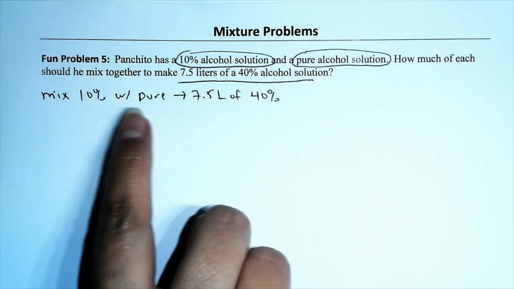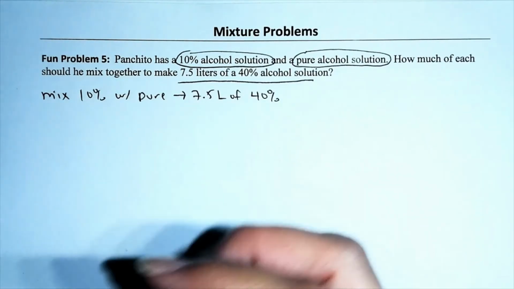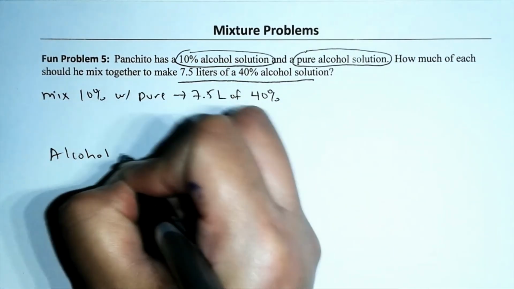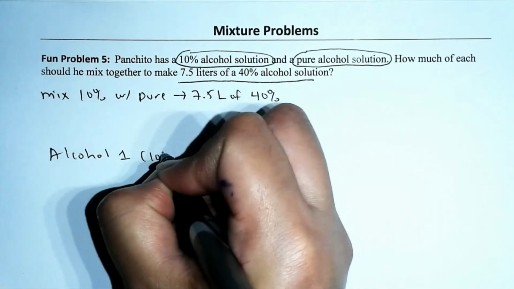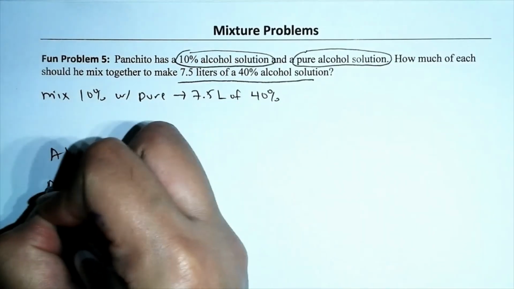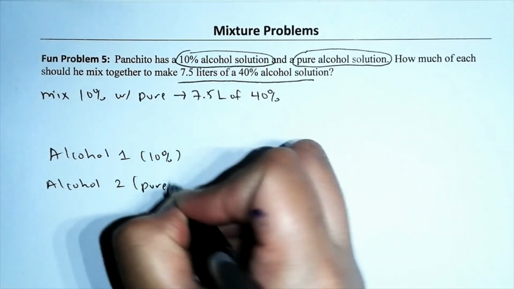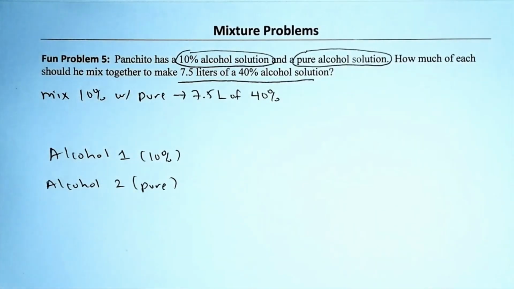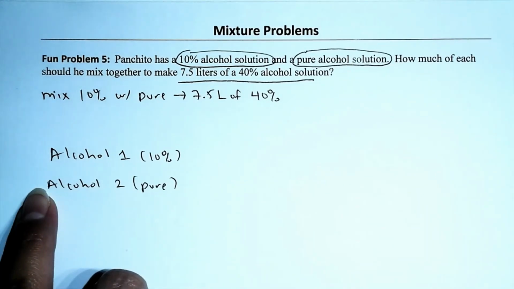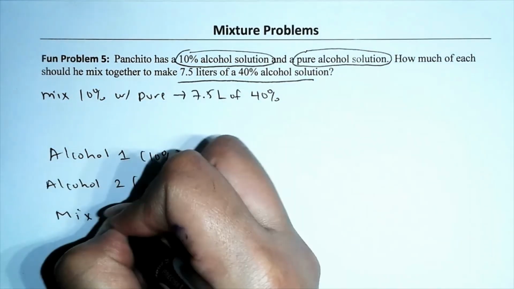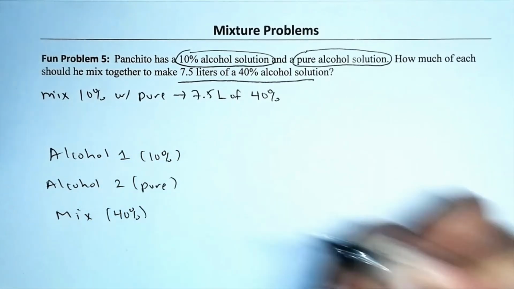First item plus second item equals mix. Okay, so we have alcohol 1, which is 10% alcohol. Alcohol 2, I'm not committed to the strength, so I'll just put pure. And then alcohol 1 plus alcohol 2 equals our mix, which is 40% alcohol.